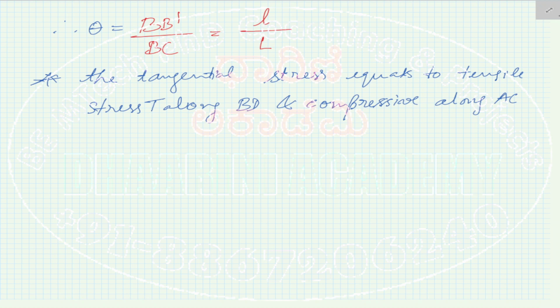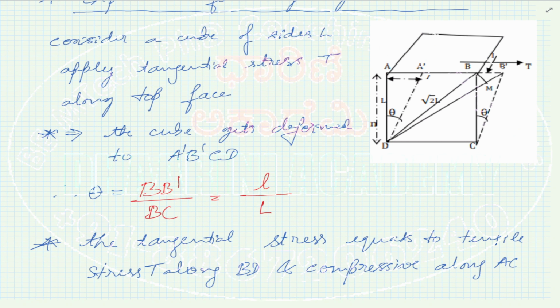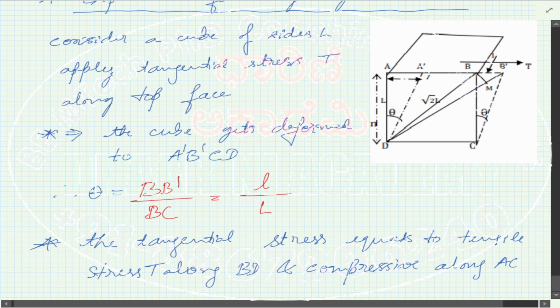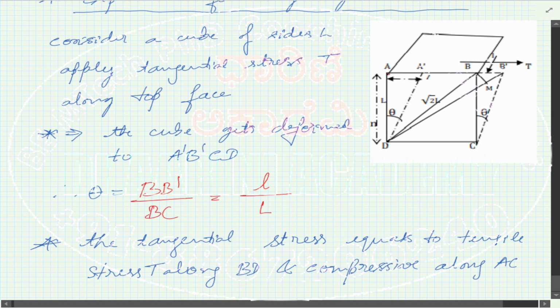So let's go back to the diagram and understand what is happening. Originally BD was this distance, but now you see that this BD is increased. That's why we said along BD it is tensile stress. It's going to increase the length. At the same time, AC was like this earlier, but now the AC is this one, A dash C, because A moved to A dash.